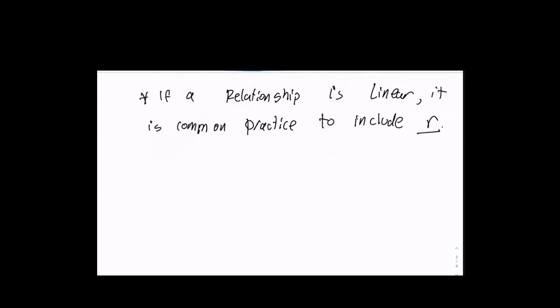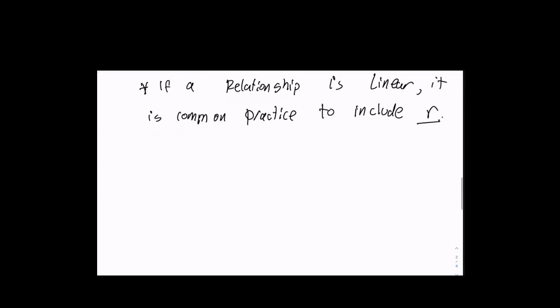If there's a linear relationship, what should you also do? Create a scatter plot. No. The answer's on the screen, people. If there is a linear relationship, you should do what? Include R. If it is known or can be found.